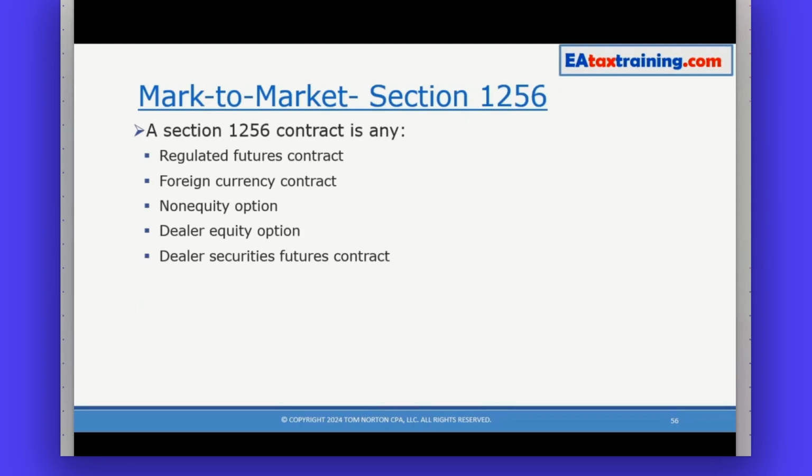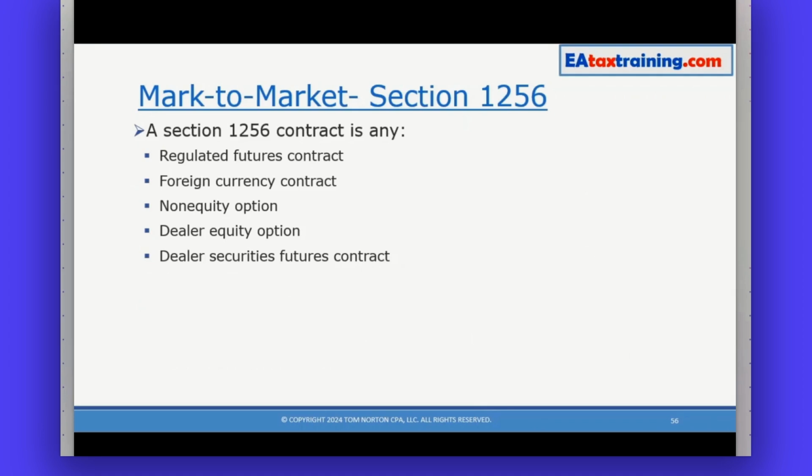This is for Section 1256 contracts. This says if you've got one of these types of contracts, so you use mark to market and you have one of these kinds of contracts, it's going to be treated in a special way. These are regulated futures contracts, foreign currency contracts, non-equity options, dealer equity options, and dealer securities futures contracts.